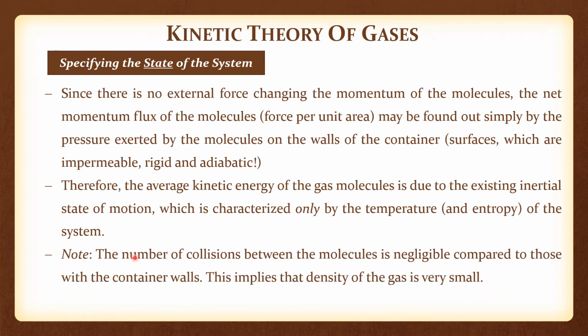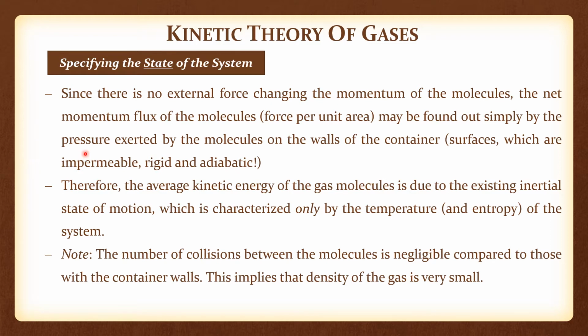Temperature and entropy of the system. Note, the number of collisions between molecules is negligible compared to the collisions the molecules have with the container walls. In other words, suppose there is one wall here, let this be one of the walls and let this be the other wall. So this lighter colored region is the space where the gas molecules are, and the darker brown colored regions are the walls, so to speak.